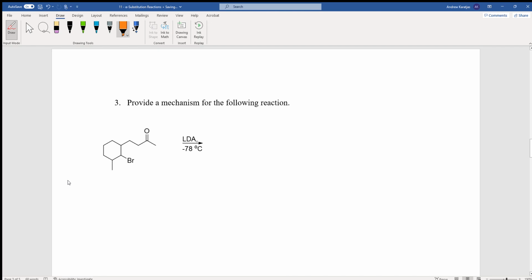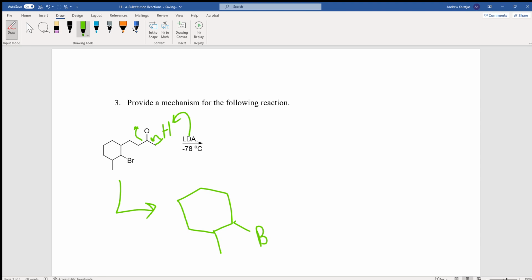All right, questions 3 and 4, we have a couple of mechanisms to look at. Again, we're working with LDA at low temperature. That tells us we're going to form an enol at the less substituted carbon. Or in this case, since we're under base conditions, we should more accurately say that we're going to form an enolate, since there's nothing that's going to protonate to ever give us the actual enol.